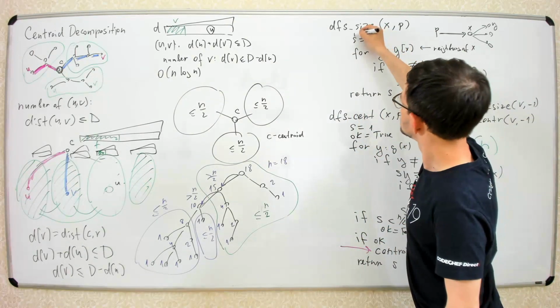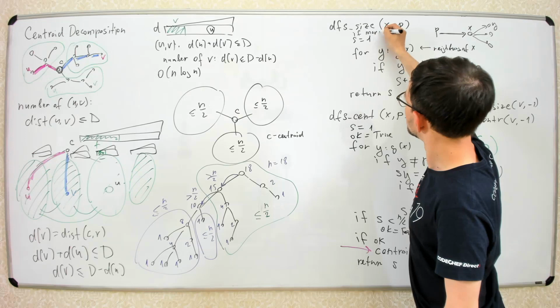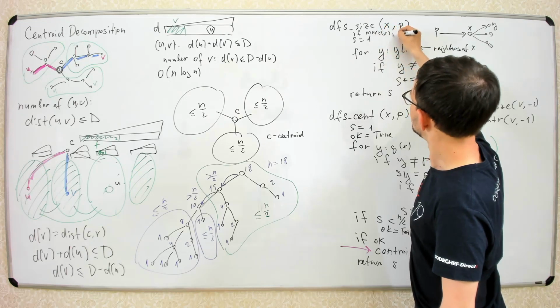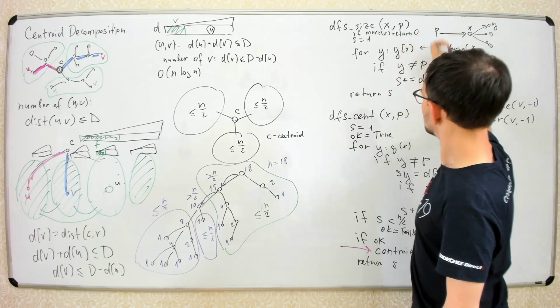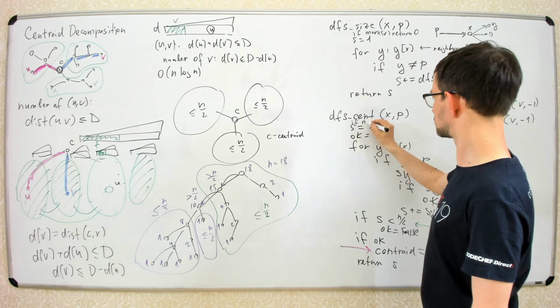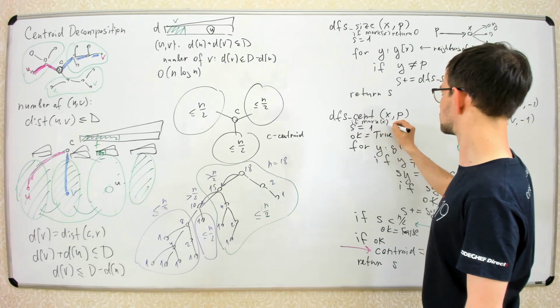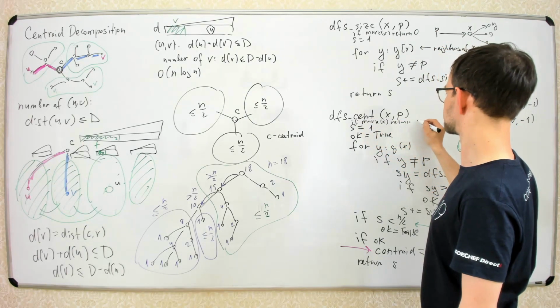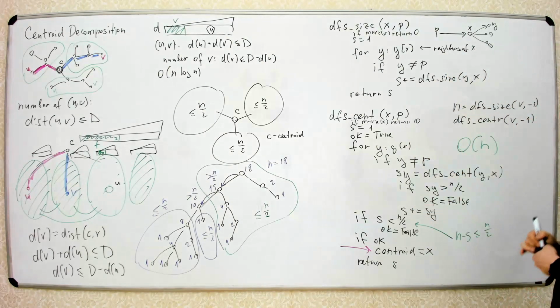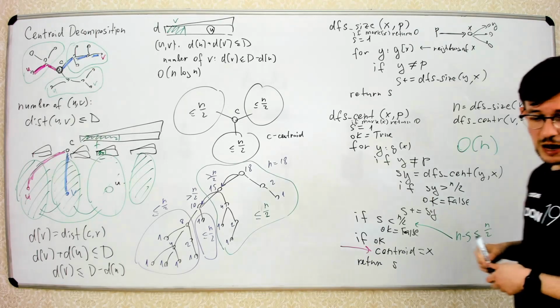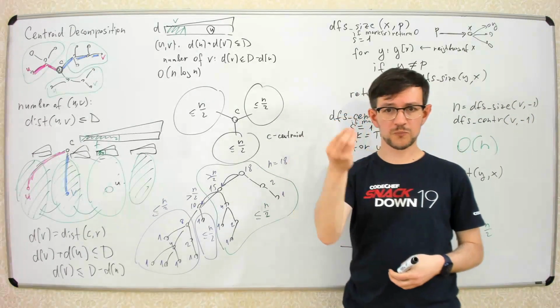Let's put here: if marked x, then return 0, and here like this. Yeah, good enough. So again, I need to skip the centroids I already found.